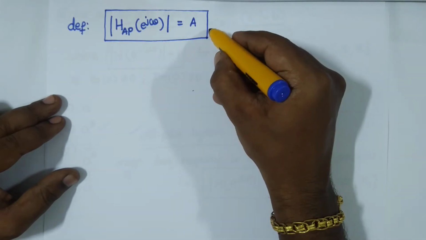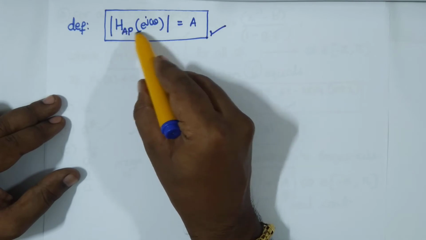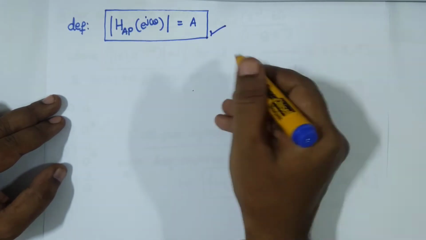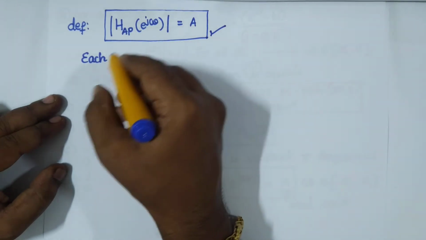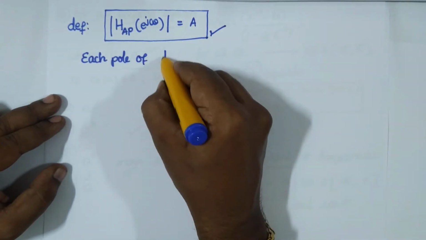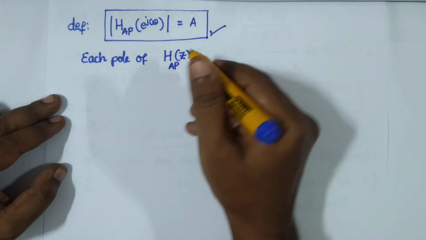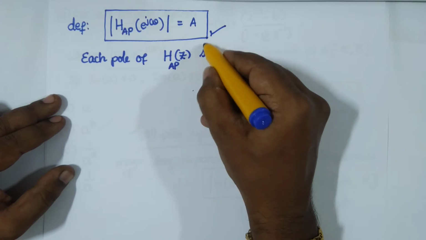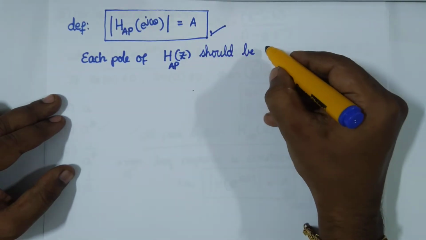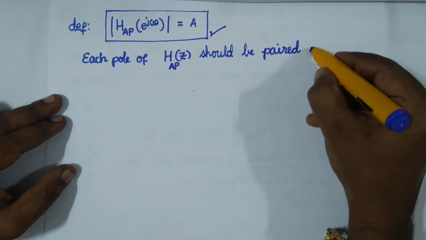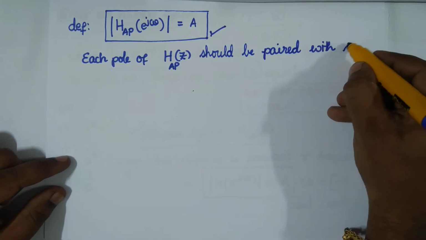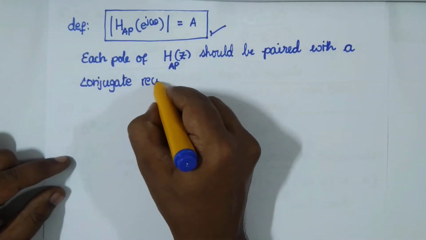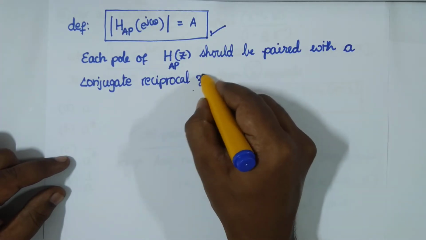Now, in order to satisfy this definition, each pole of H of z, the all-pass filter or all-pass system function, should be paired with a conjugate reciprocal zero. So in order to satisfy this definition, each pole of H of z should be paired with a conjugate reciprocal zero.